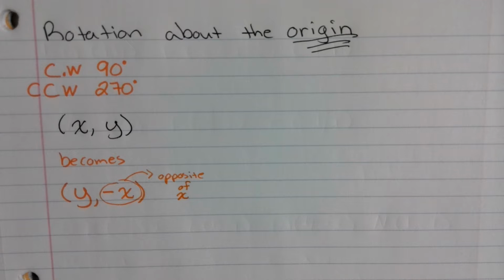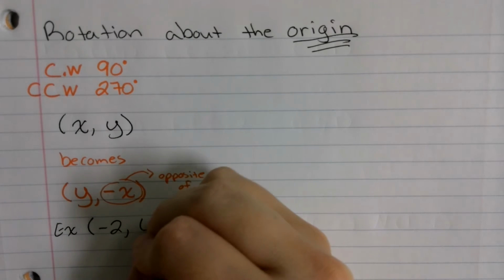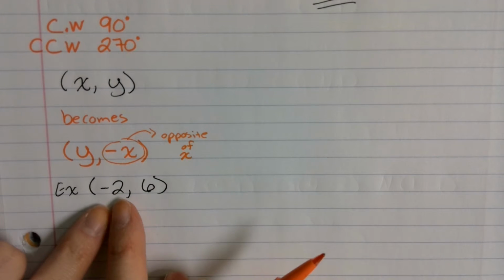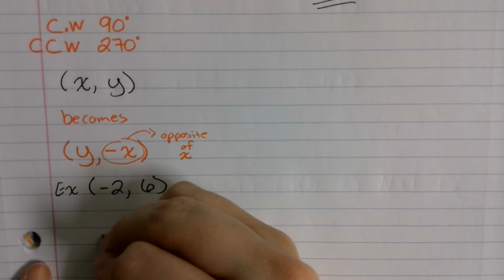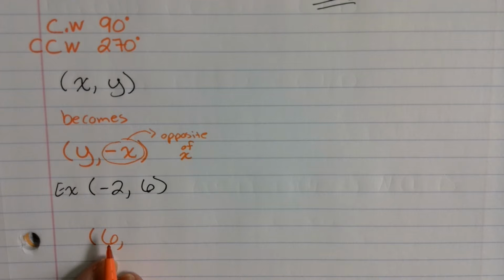So you're switching the location of your x and your y. Instead of xy, it becomes yx. And then instead of the value being x, it becomes the opposite of x. So for example, if you've got the point -2, 6, I'm now going to change it into a +6 because the y is now going to be written first.